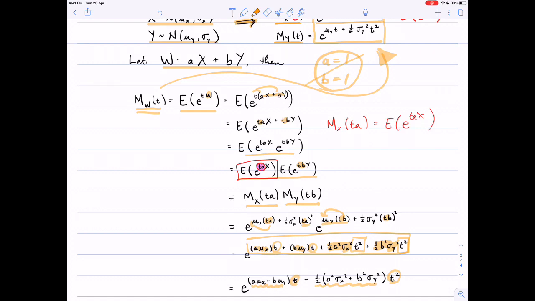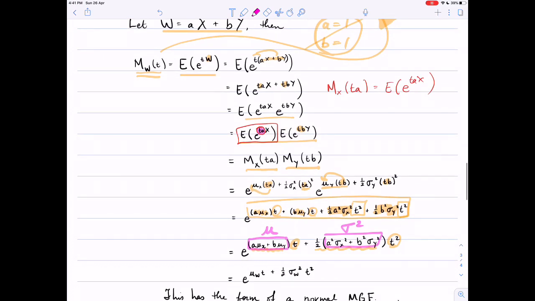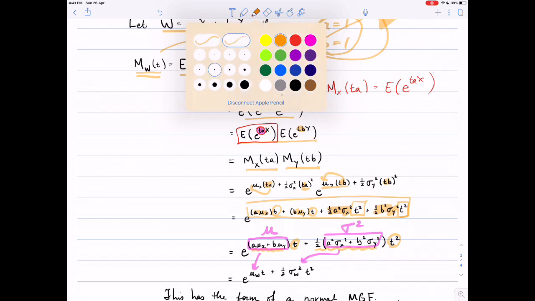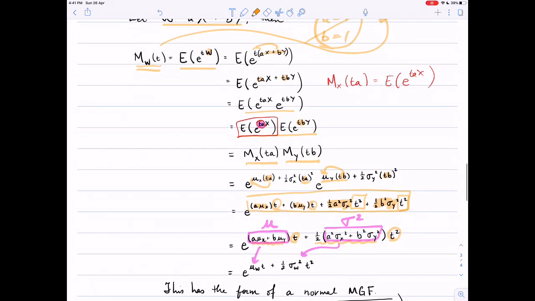If we compare to the form of the normal moment generating function, we have something of the exact same form, except that we have a big long expression here where there is supposed to be a mu, and a big long expression here where there is supposed to be a sigma squared. If we let that expression be mu sub W and this expression be sigma squared sub W, then we have exactly the form of a normal moment generating function.